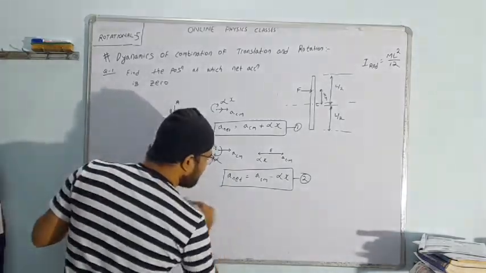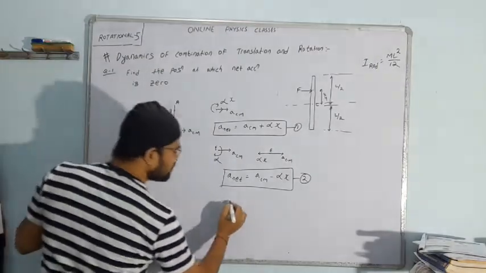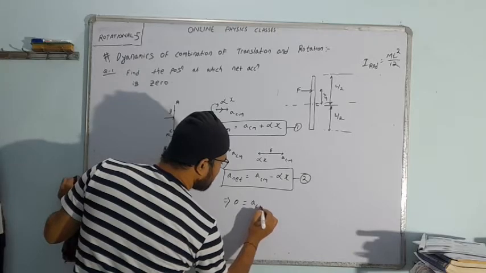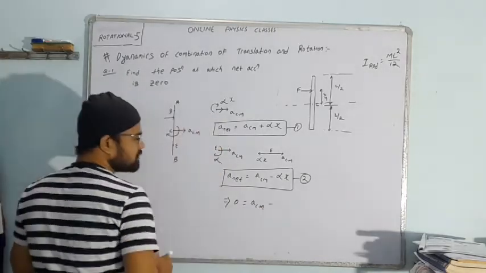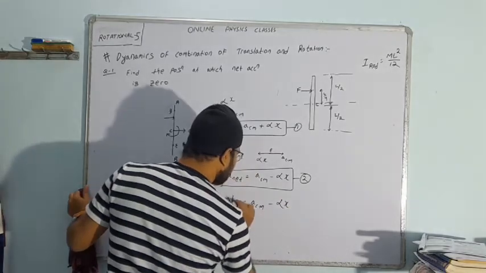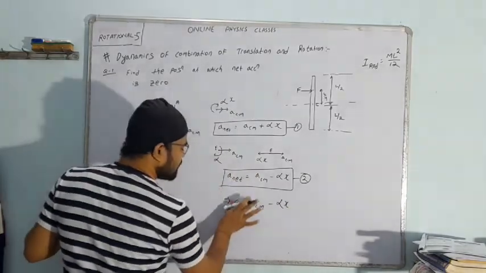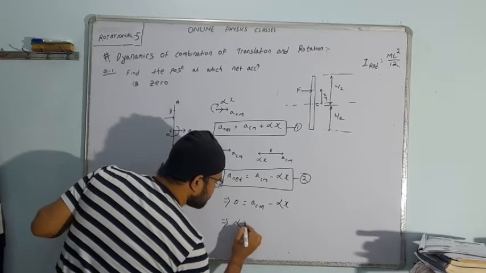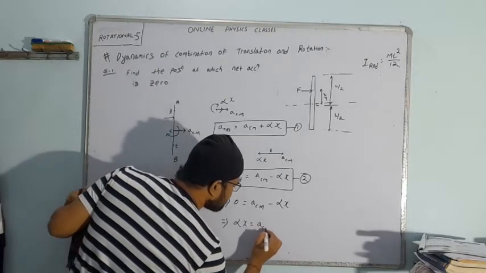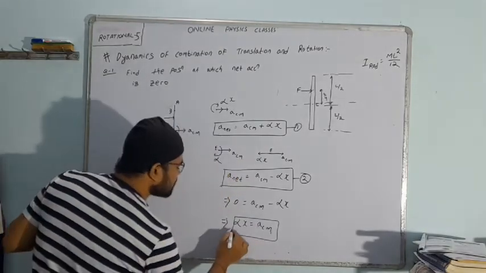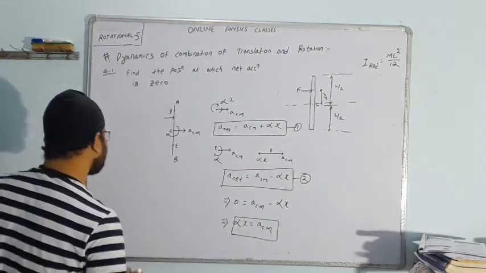How can you find it? Suppose A net is 0. This means A_CM minus alpha x is 0, so alpha x is equal to A_CM, the acceleration due to center of mass.